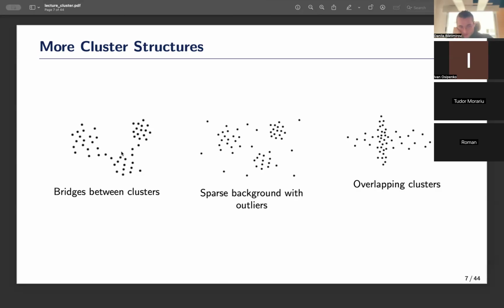Also, we can talk about overlapping clusters. Some clusters may partially or fully overlap with one another. For example, music genres. Songs may belong to multiple genres at the same time, for example jazz, fusion, electropop, punk rock, or other music genres.